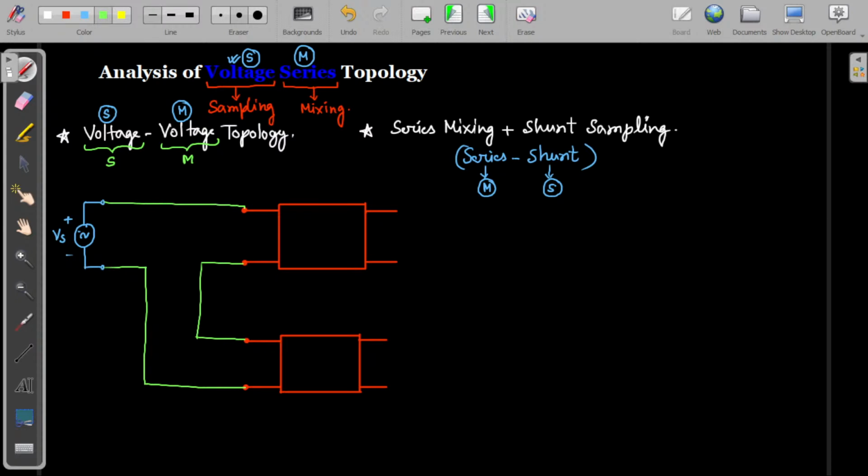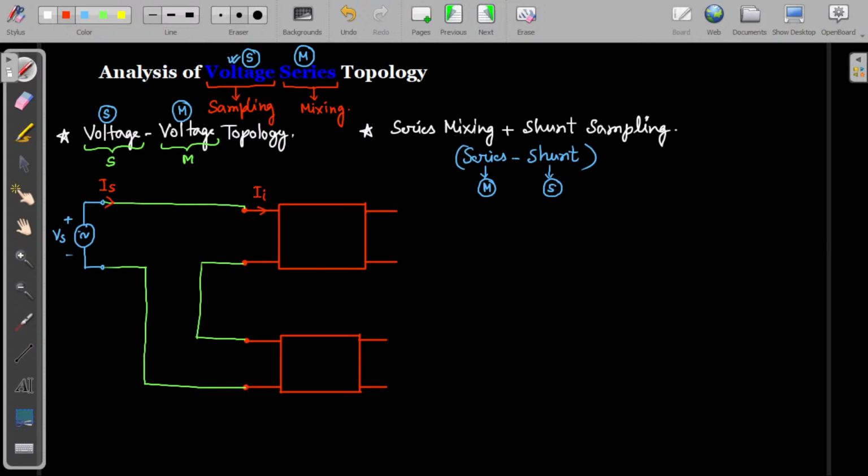Okay, so now what is the input current here? So the input current here is the source current Is, and this source current Is will flow inside the basic amplifier. Current will be same.